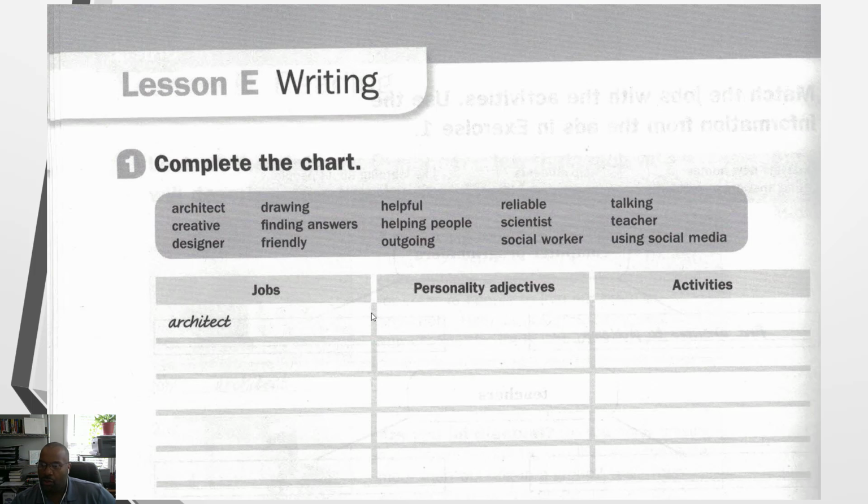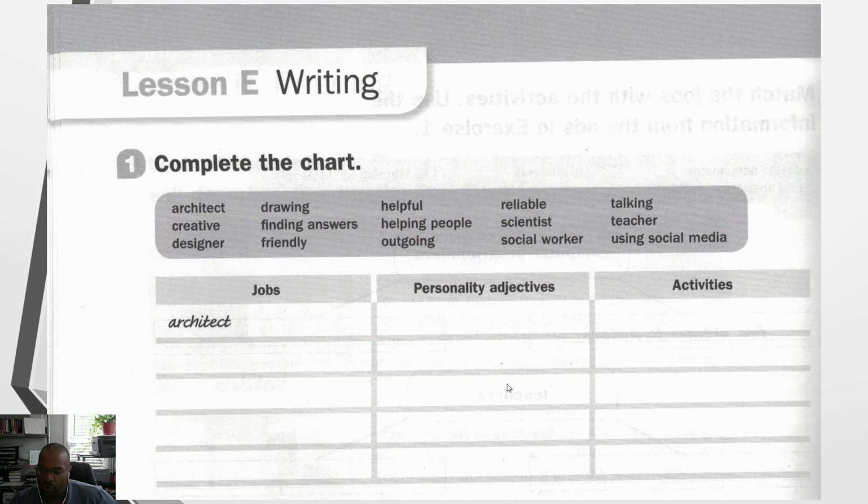Okay? Now we can pronounce these words and phrases correctly. We might have to practice a little bit, but hopefully we can now say them correctly. Let's look at our three columns here. The first column is jobs, so these would be the job descriptions. The first one is done for us, architect.